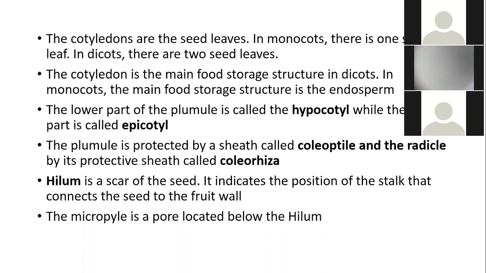Now the plumule is protected by a sheath, a protective covering called the coleoptile. That is what protects or covers the plumule. Then the radicle is protected by a similar shell called the coleorhiza.